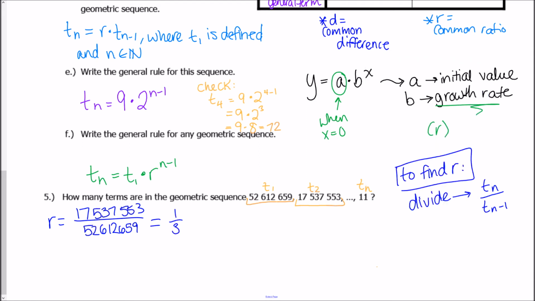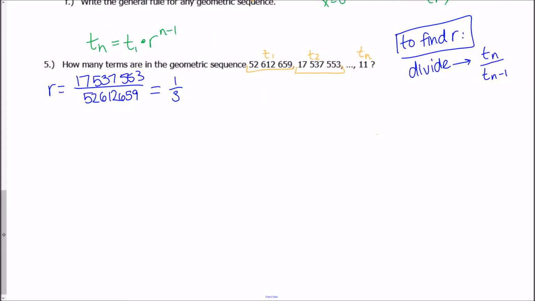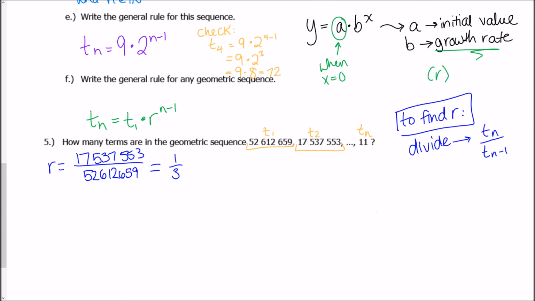So now that I've done that, I'm going to find an equation, because my equation has n in it, and I want to know what n is. So here I'm going to say t sub n is equal to t sub 1, which is 52,612,659, times r, which is 1/3, and because it's a fraction, it needs to be in brackets, raised to the power of n minus 1.